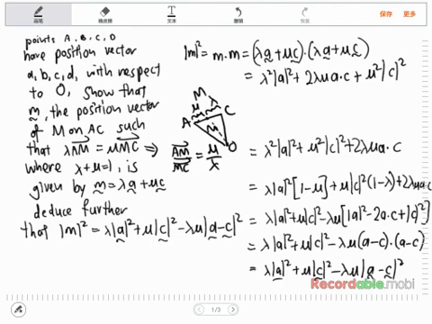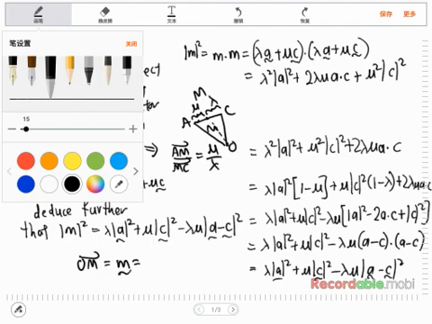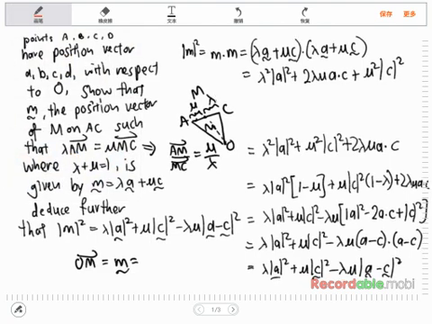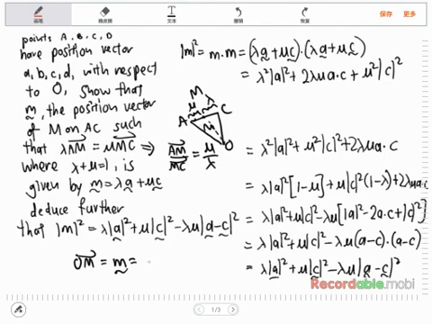So to find OM, or m, what I need to do is I take lambda here, multiply to OA, plus mu here, multiply to OC, over lambda plus mu.